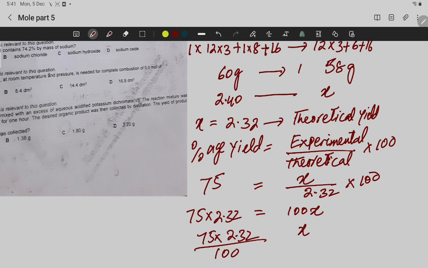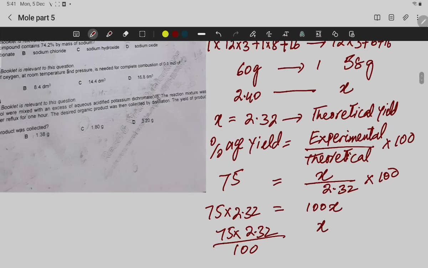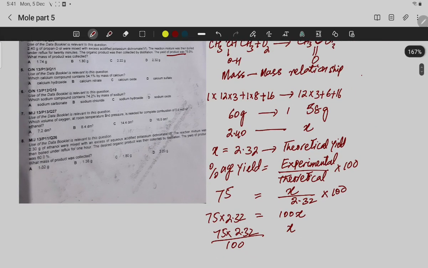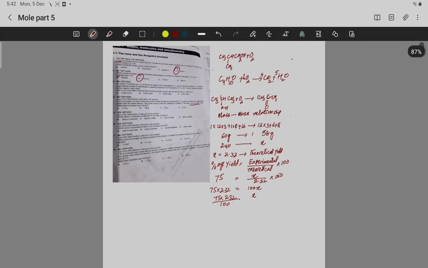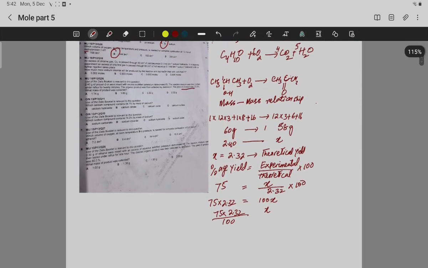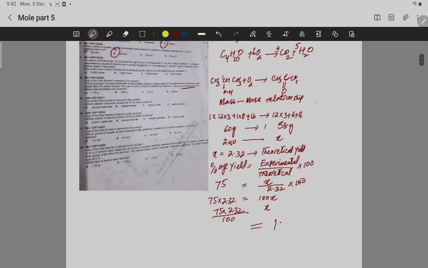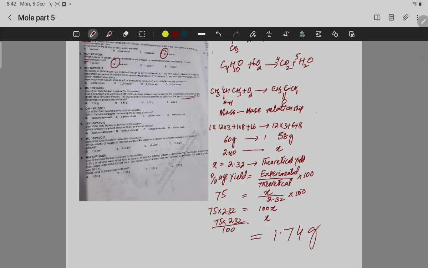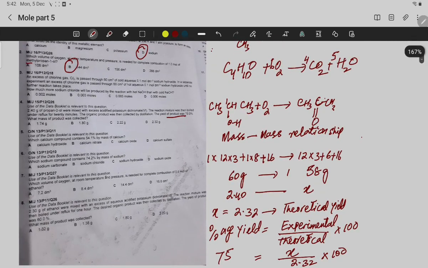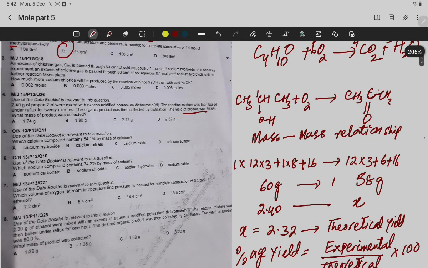So this is 1.74. So the experimental mass is 1.74 gram. So the A option is correct.